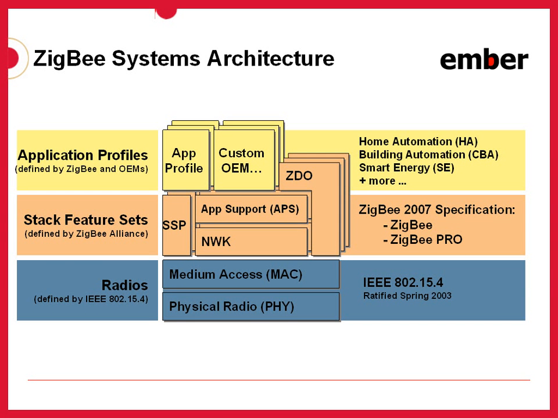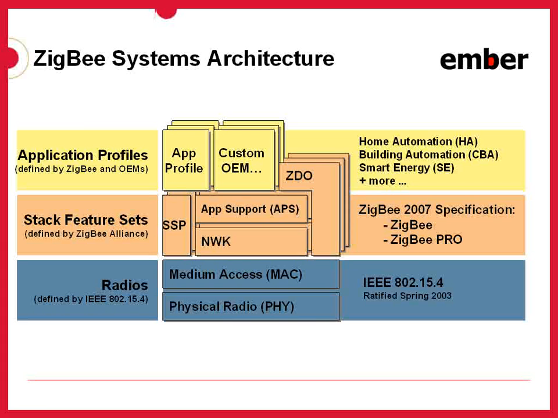This behavior is governed by an IEEE standard, 802.15.4, circa 2003, ensuring favorable coexistence with other 802 standard devices, and FCC compliant operation across unlicensed ISM bands within the frequency spectrum. On top of the radio functionality, we have a collection of layers known as the stack feature set. And this is basically the network layer behavior defined by the ZigBee Alliance, detailed in the ZigBee 2007 specification.